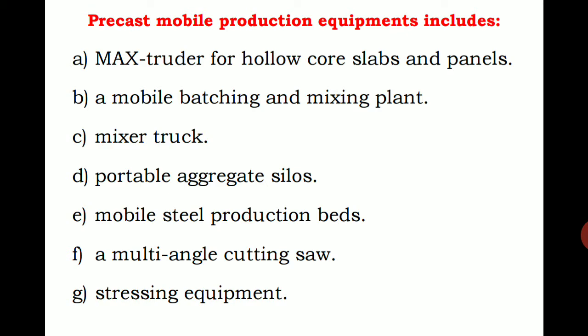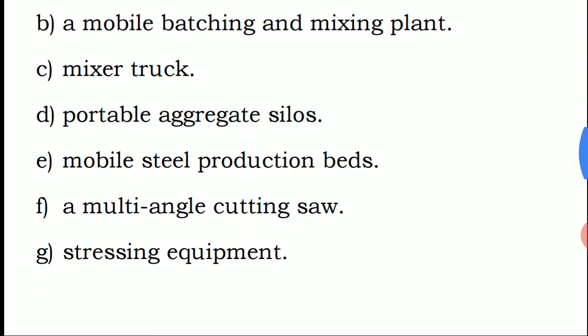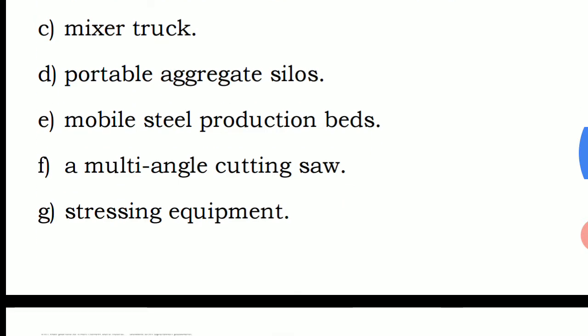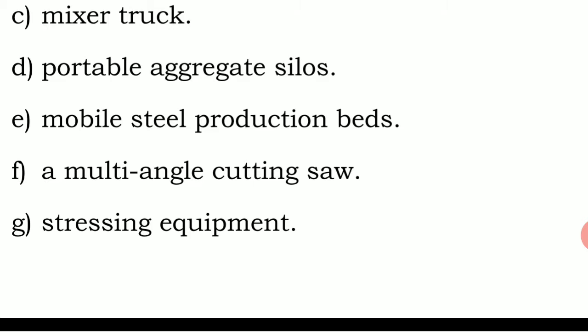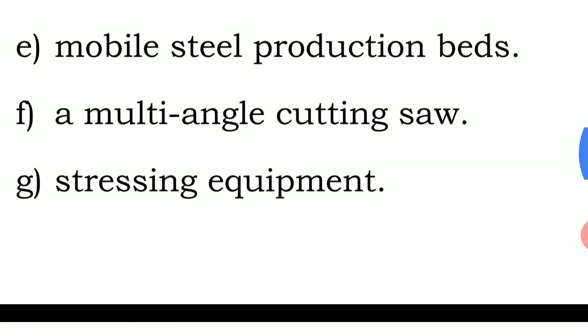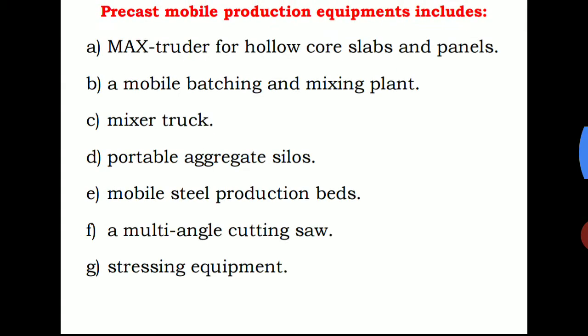It can be used in the construction of hollow core slabs and panels. The second type that comes under mobile production is the mobile batching and mixing plant, and then the mixer truck, portable aggregate silos, mobile steel production beds, multi-angle cutting saw, and dressing equipment. Okay. Like that, these different mobile production equipments can be seen in the present era.